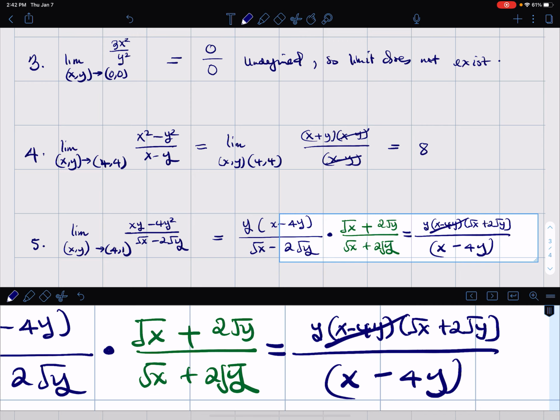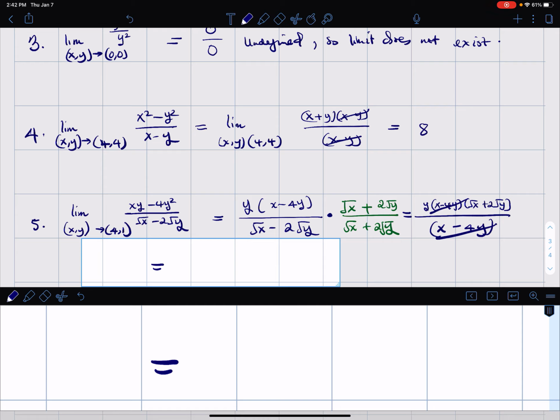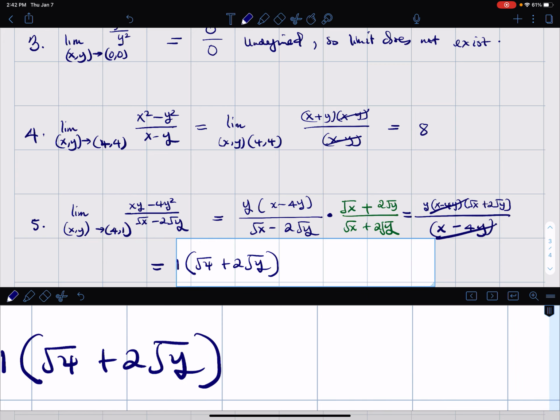So things are going to cancel out, and we're left with y times root x plus 2 root y. So y is 1, times root 4 plus 2 root 1. So this is 2 plus 2, which is 4.